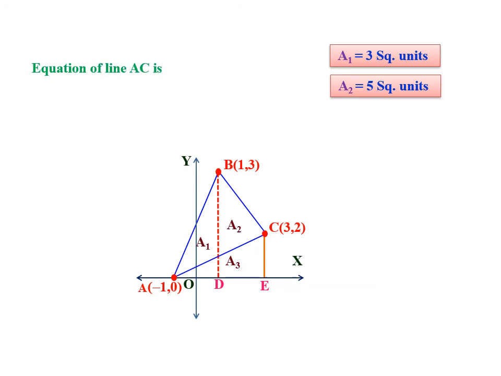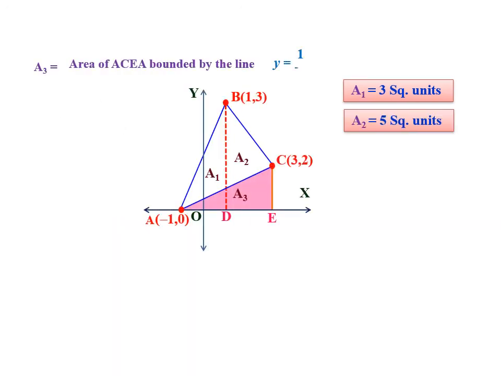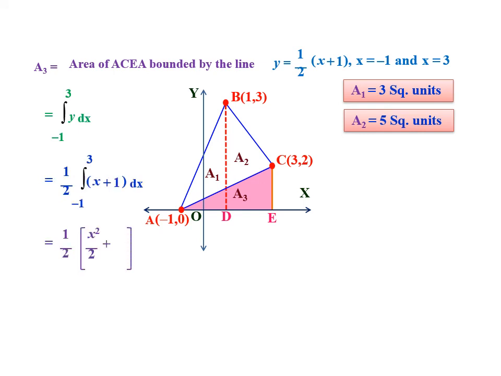Similarly, we will consider one more example. So first we are calculating the equation of CA, which is y equal to 1 by 2 x plus 1. Similarly, the other two boundaries will be x is equal to minus 1 and x is equal to 3. So 1 by 2 times the integral from minus 1 to 3 of x plus 1 dx, which is x square by 2 plus x from minus 1 to 3.